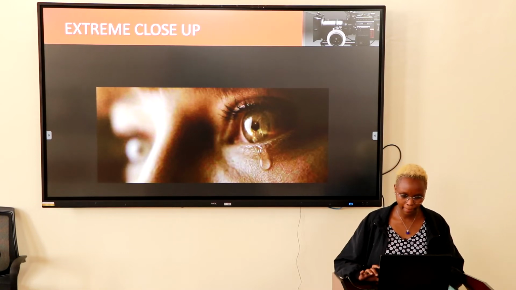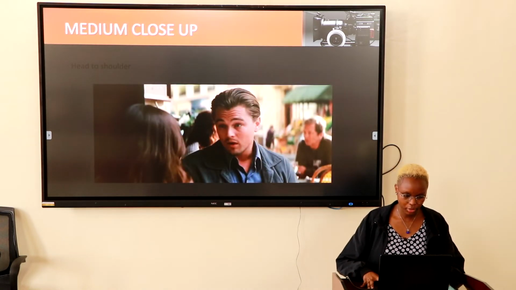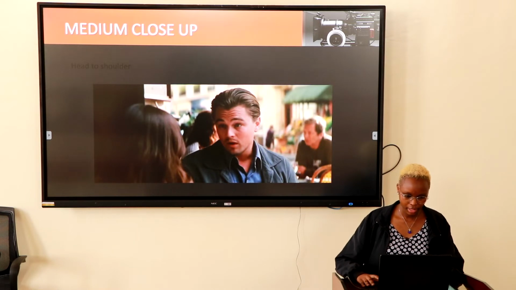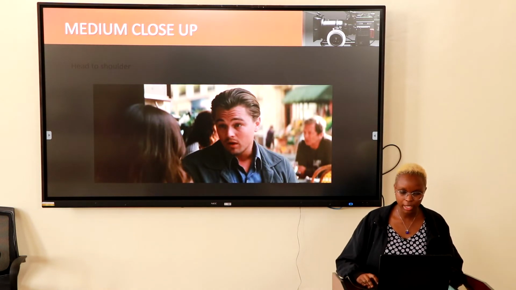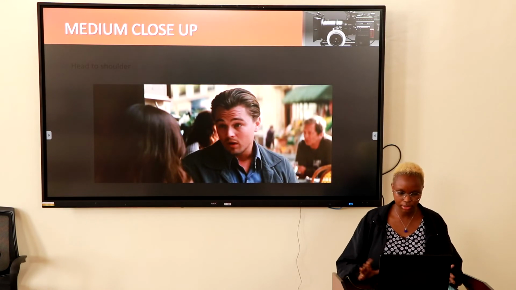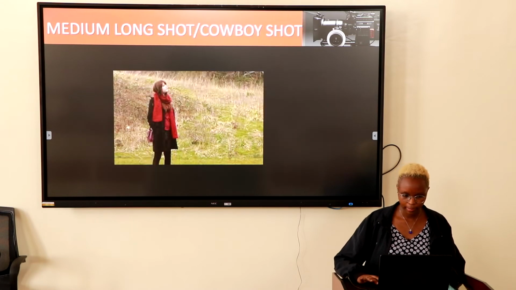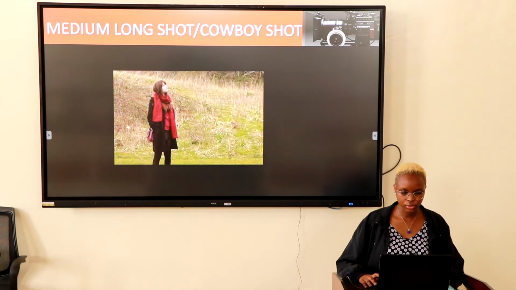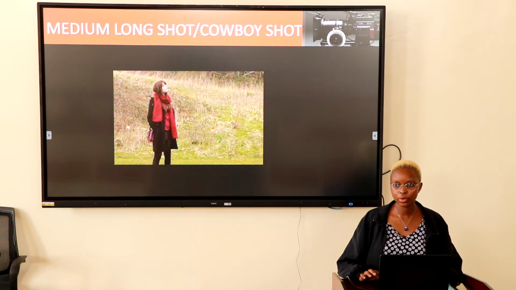Then a medium close-up is a head to shoulder. Remember, a close-up is a head to chest, so a medium is a head to shoulder, and it's also used mainly in dialogues.